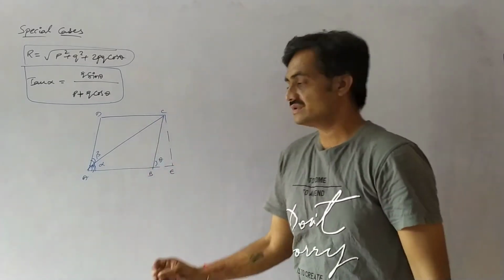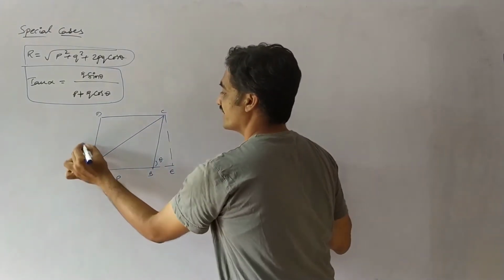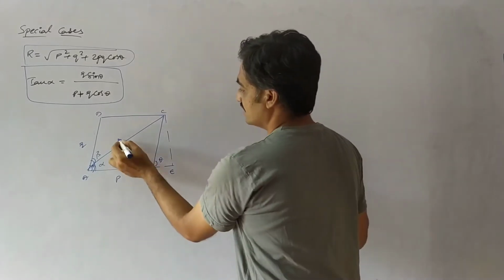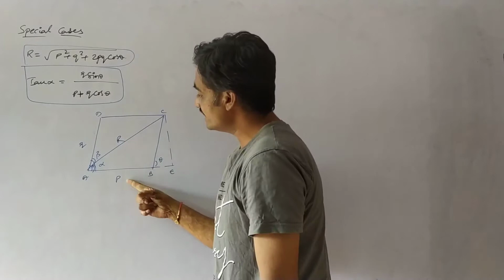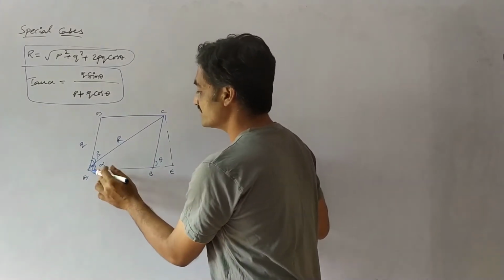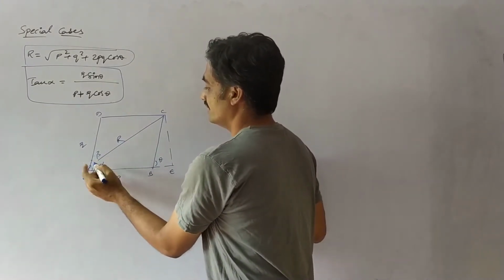As you observe here, the magnitude is P and the magnitude is Q, and the resultant is represented as R. The angle between the resultant and P, the first vector, is represented as alpha.